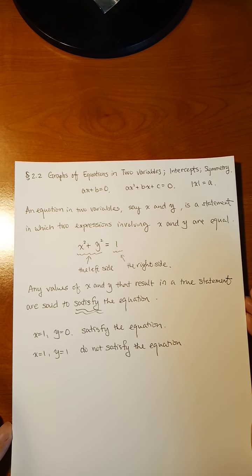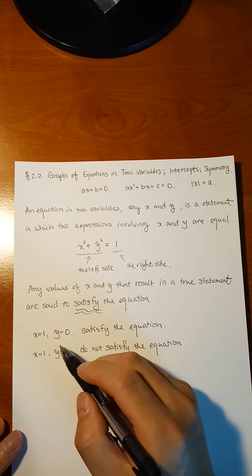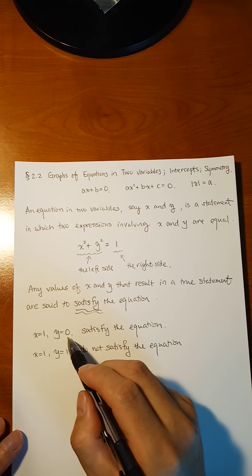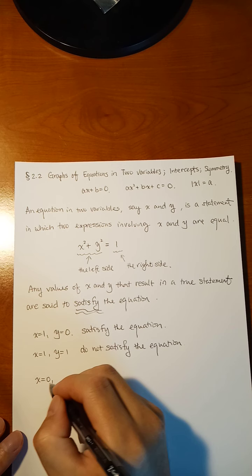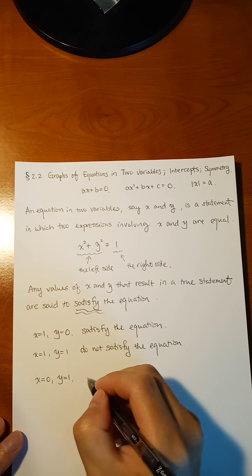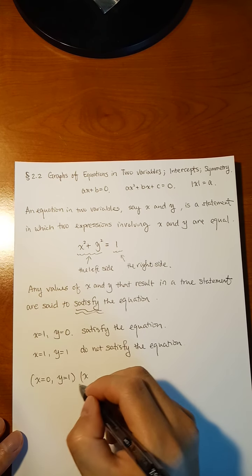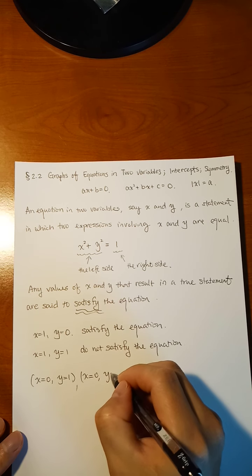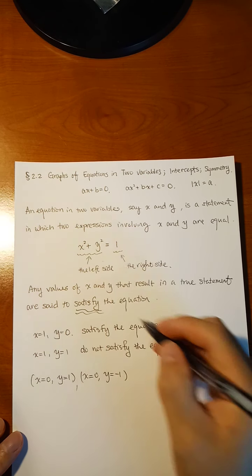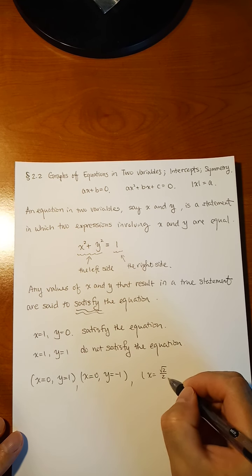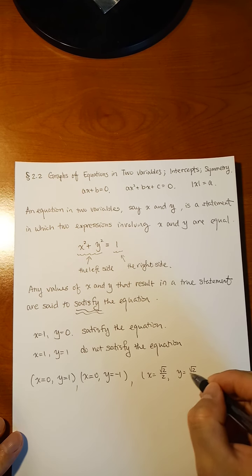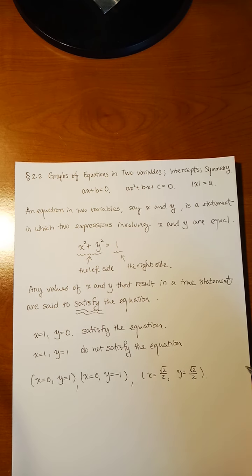So it's like the solution set of an equation. You have 1, 0. Of course, you will have 0, 1: x is 0, y is 1. This is a pair. Or x is 0, y is negative 1, because you square it. Or you may even have x is the square root of 2 over 2, y is the square root of 2 over 2.